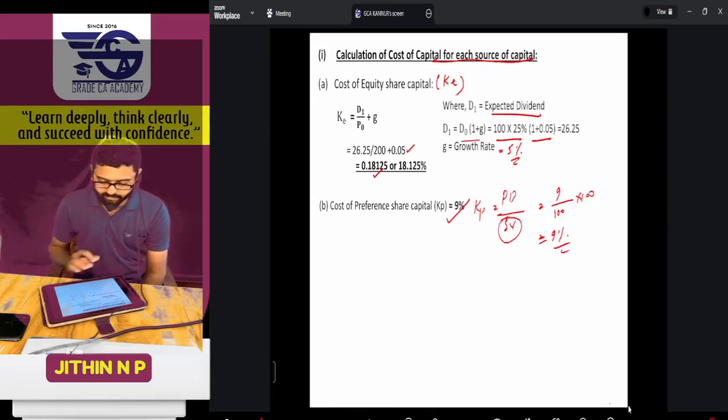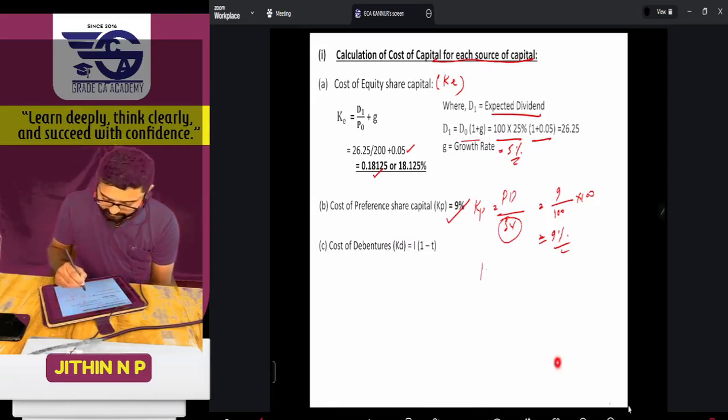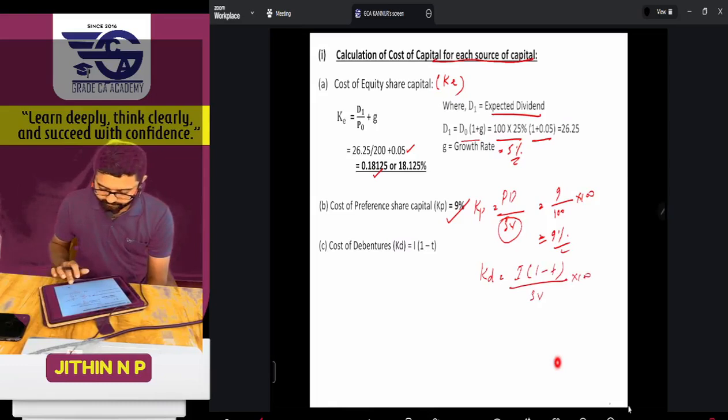Clear? Yes. Cost of debenture: I into (1 minus T) divided by SV. Irredeemable debentures. KD is equal to I into (1 minus T) divided by SV into 100. I is interest, T is tax rate.